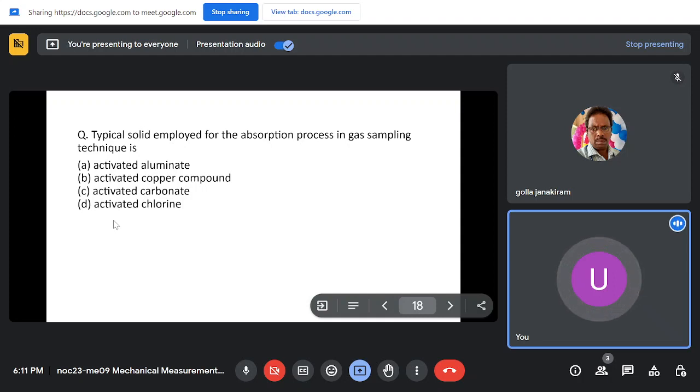So in this case the answer is option A, activated aluminate. Activated aluminate is used in gas sampling. These are all theory questions. We'll see some numericals also.